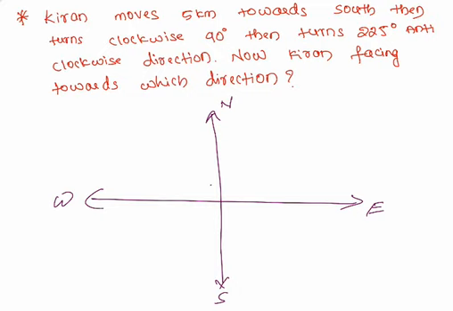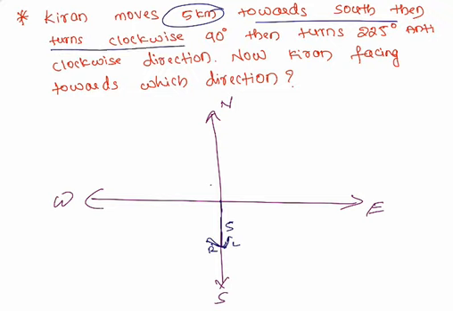Kiran moves 5 kilometers towards south. Here this is left and this is right. Whenever the question says south, the setter wants to confuse you.